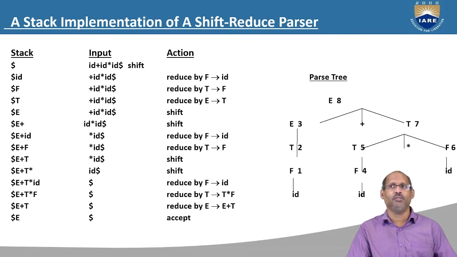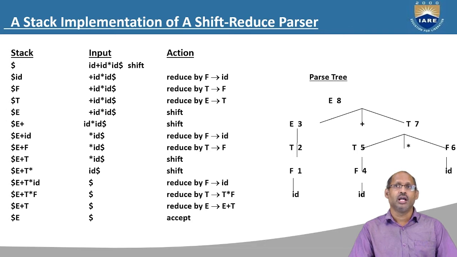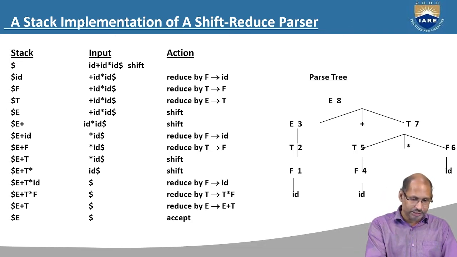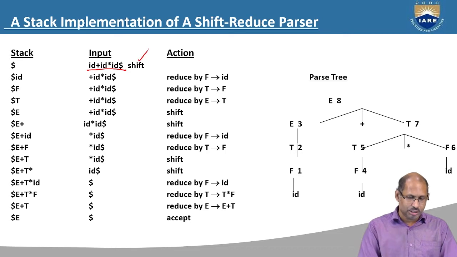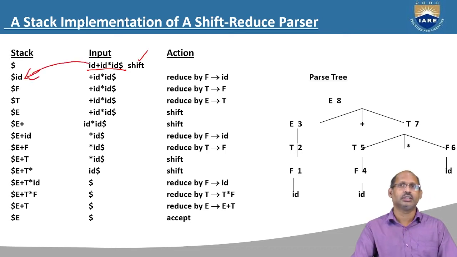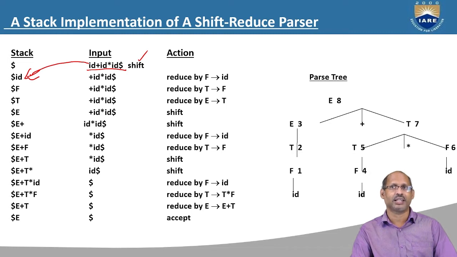This is an example for stack implementation of the shift reduce parser. Initially the $ sign is there along with the input string. So we are just performing the shift action. This ID is moved to the stack.